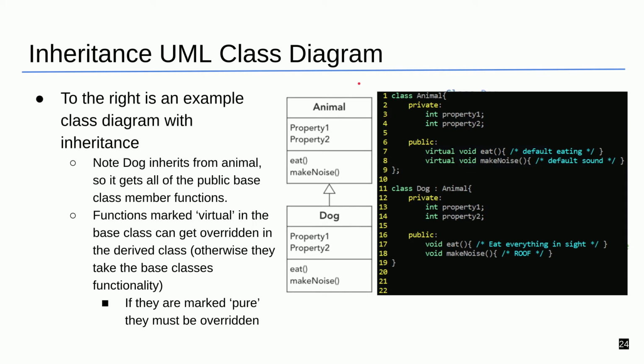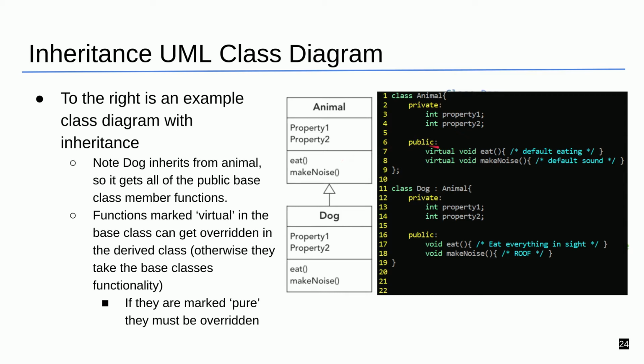So here's an inheritance diagram, again with what we learned a little bit about UML. I just want us to focus on these boxes here before we even look at the code. We have animal, and dog is inheriting from the animal class. Okay, and we see that some of these member functions, eat and make noise, are the same here as an animal. So it is overriding the functionality of the class that it's derived from.